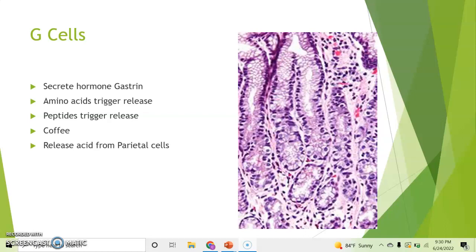Gastrin's primary action or primary purpose is to promote acid release, and it does this by acting on nearby parietal cells to release acid, and it does this indirectly by stimulating histamine release.